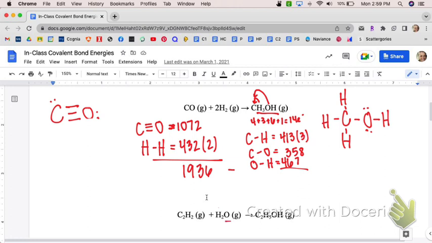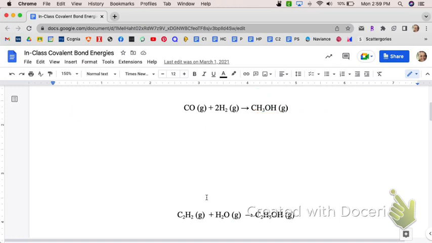And so that gives me about 2064. And so when I take reactants minus products, I'm going to get negative 128 kilojoules. Are they usually negative? What did you get?